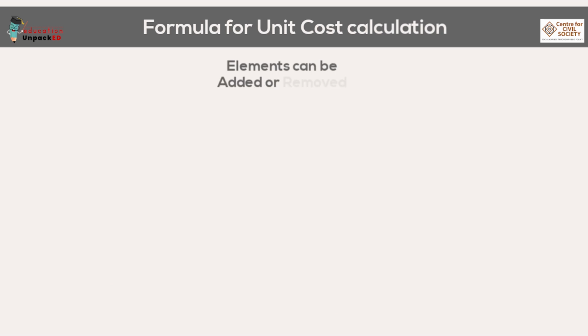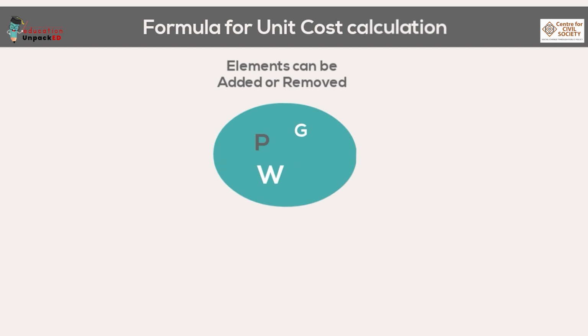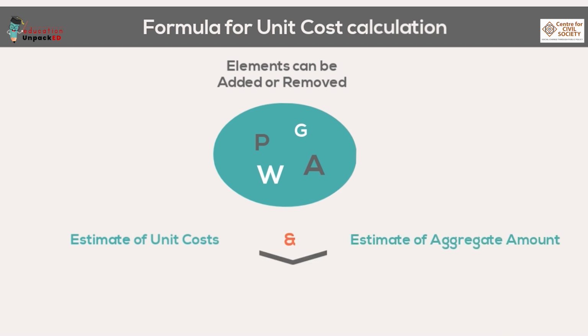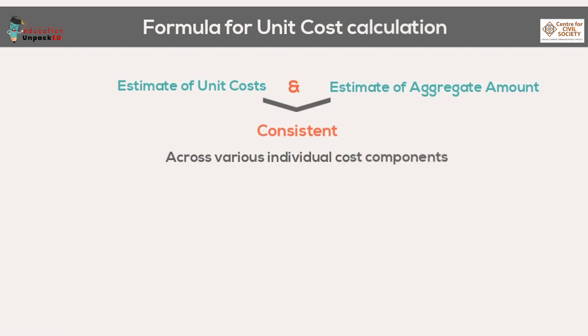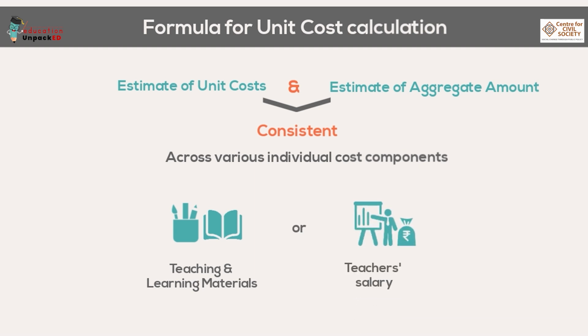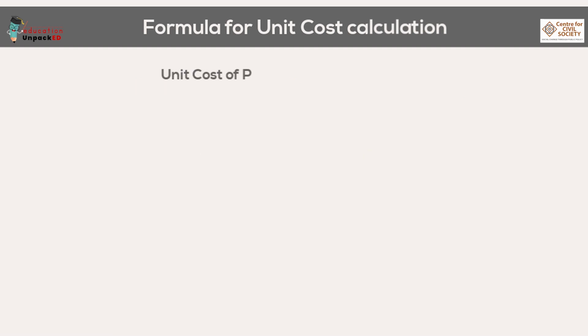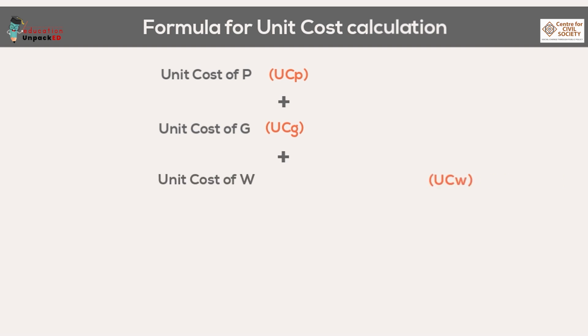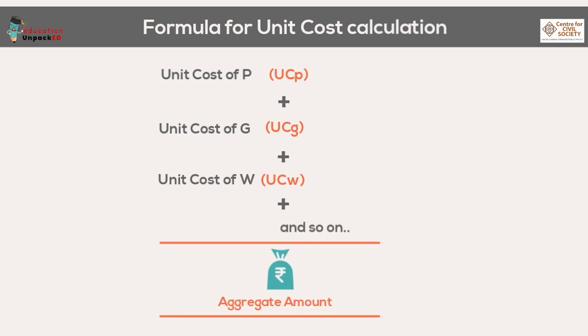You can add more elements or remove some from the pool of P, G, W, and A. The core idea is that estimates of unit cost and aggregate amounts must also be consistent across various individual cost components, such as spending on teaching learning materials or teacher salaries, etc. So unit cost of P, which can be shown as UCP, should add up with UCG, UCW, and so on to make the aggregate amount.